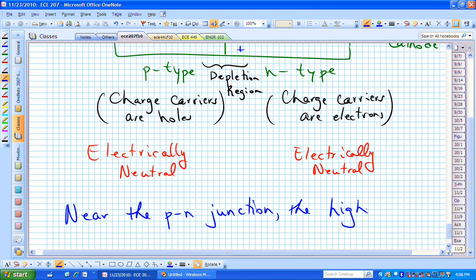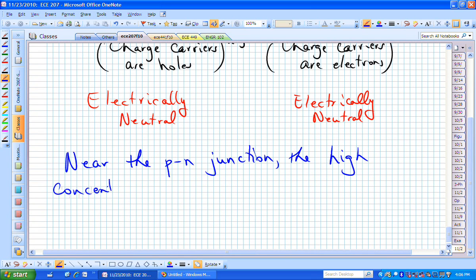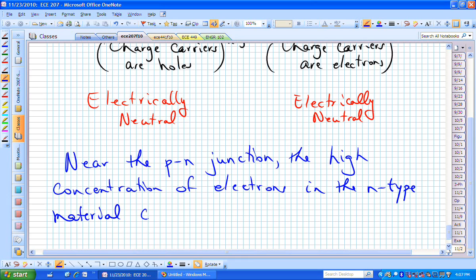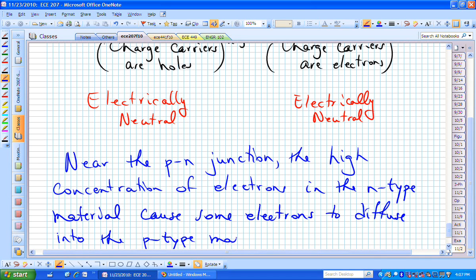I'm now going to try to write down what I was just trying to say. The high concentration of electrons in the n-type material cause some of those electrons to diffuse into the p-type material.